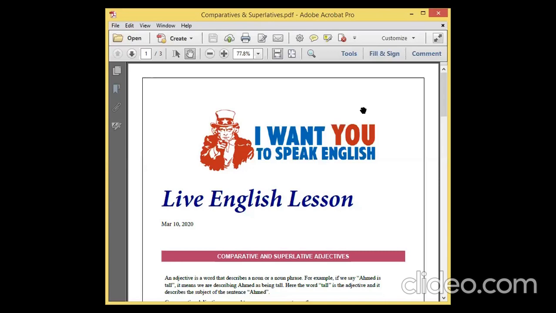So the first thing is to pay attention to the syllables of the adjective. If the adjective consists of one syllable, we should add est to the adjective to form the superlative adjective. The second one, if the adjective consists of two syllables and it ends in y, we should change the y into an i and add est. And last, if the adjective consists of two syllables or more and does not end in y, we should add most before the adjective.